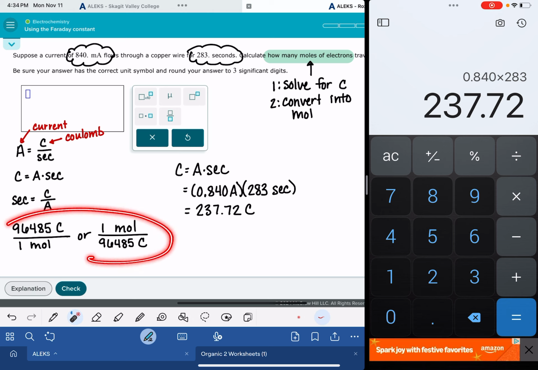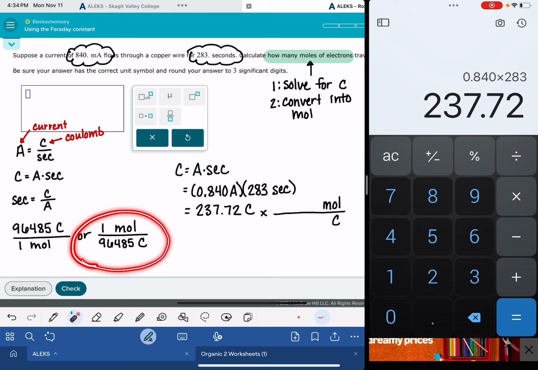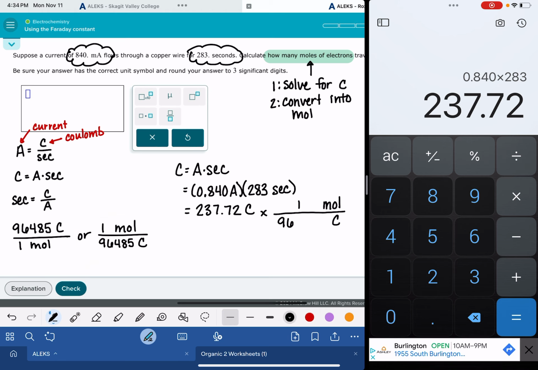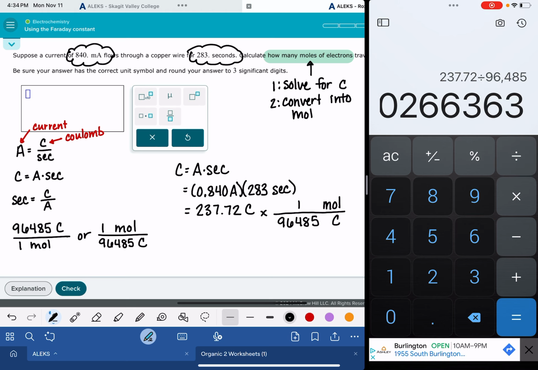Again, this problem is asking me to solve for moles, not for coulombs. So that's where I'm going to use Faraday's constant to convert from coulombs into moles. Because I'm already in the coulomb unit, I want a conversion factor that has coulombs on the bottom so that unit cancels, and I want moles on top. That means I'm going to be using this form of Faraday's constant, 1 mole over 96,485 coulombs.